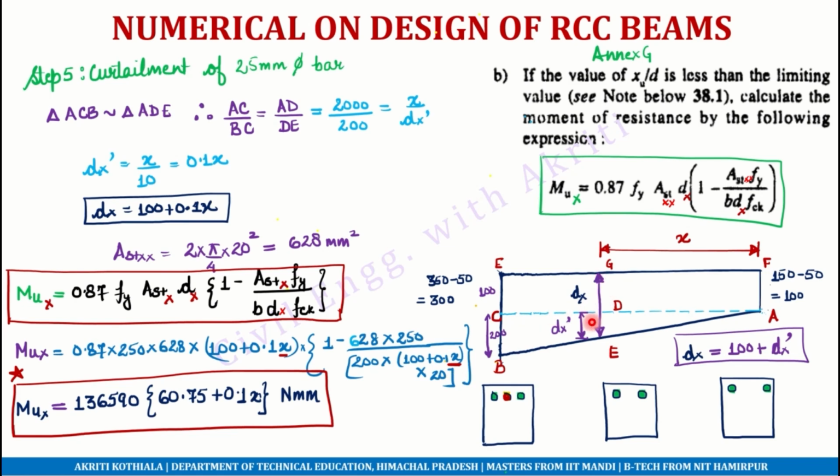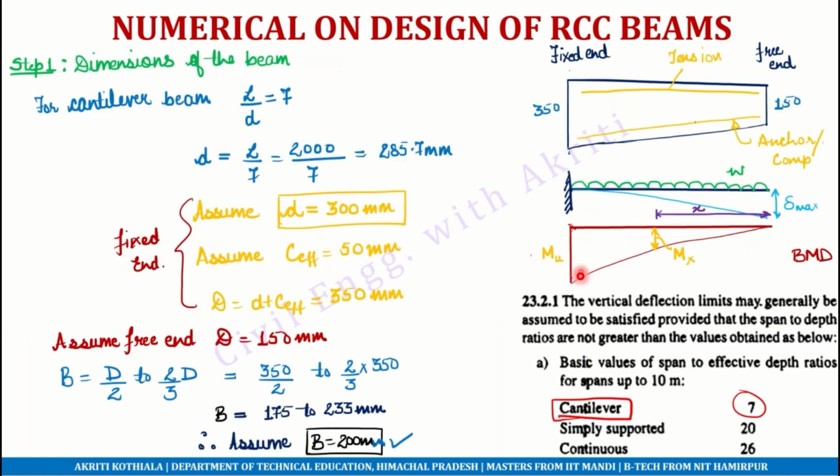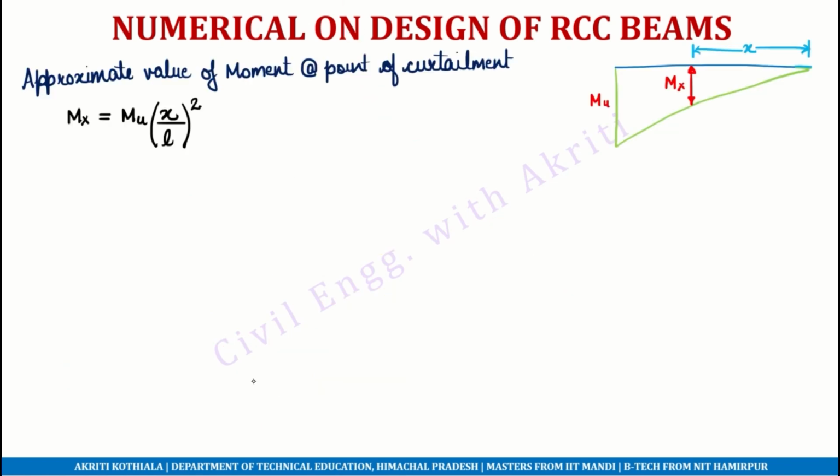However, there is another way of calculating moment at point X. Going back to the diagram, we can see that this distribution is parabolic in nature. Because this is parabolic in nature, we can calculate the approximate value of mx at this point from this figure. So how do we do that? Simply by assuming this parabolic distribution.